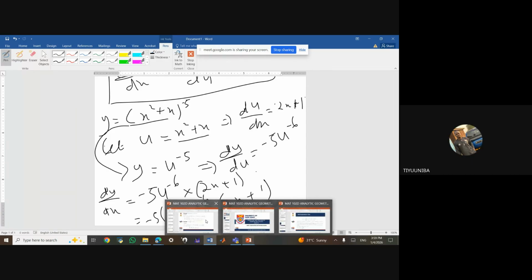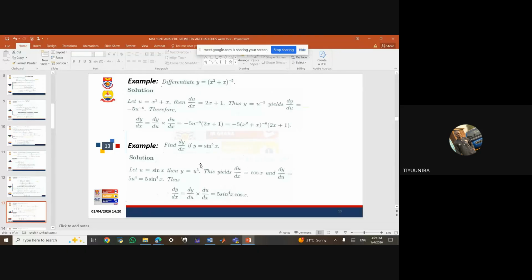Okay, so let's continue. Madam, can you use the shortcut to get the answer? What's the shortcut? Like when they say y is equal to x squared plus x all to the power -5, you just come down and write the index. Okay, so write it for me. When you write the index, you have -5. Then you differentiate the individual terms in the bracket.